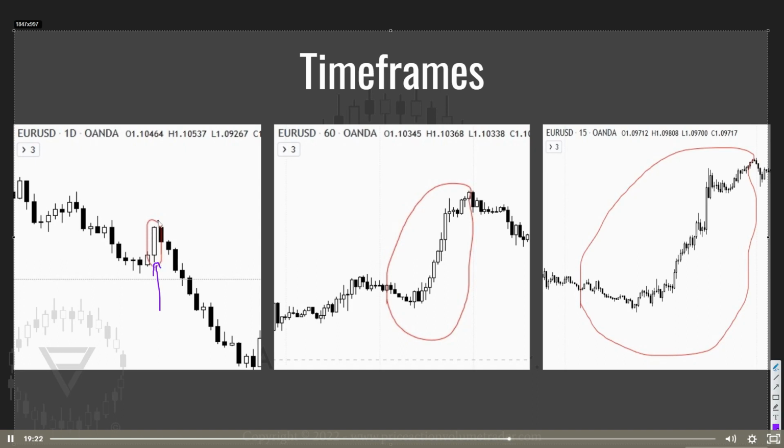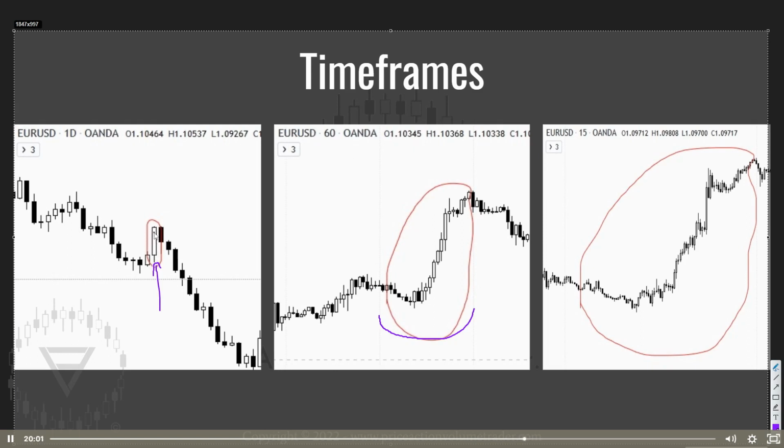And we can see that this daily period, if we now move down into a 60 minute candlestick chart, is going to be represented by 24 hourly candles. Why is that? Well, as we know, Forex is a 24-hour market 5 days a week.